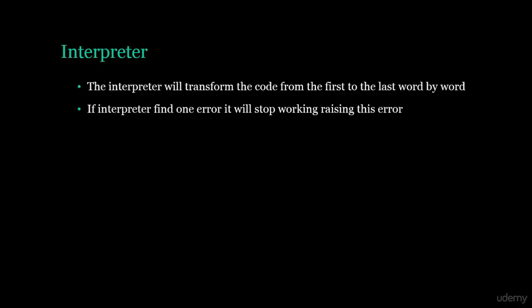If there are many errors, the interpreter will raise only the first error it gets. Okay. Like Python programming language, we will write our code in Python IDLE. If the interpreter gets one error, the interpreter will raise this error.